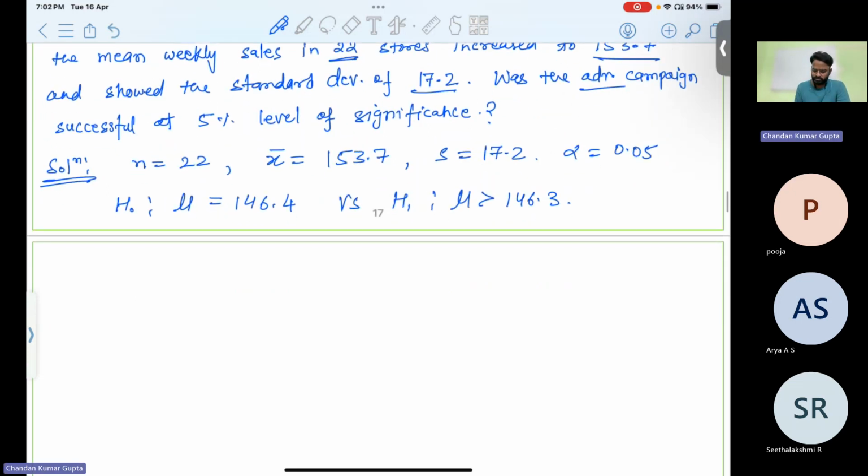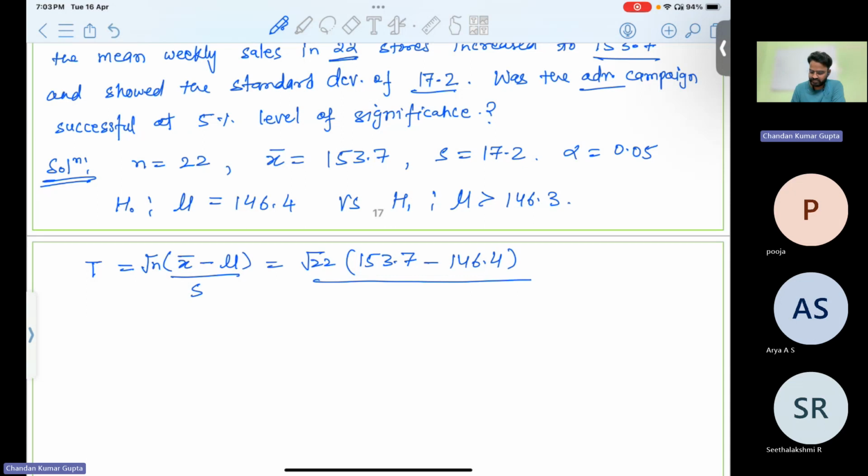The next step is to calculate the statistic T, which is defined as x bar minus mu upon S upon root n. So the numerator will be root 22 times x bar, 153.7, minus 146.4, divided by 17.2.